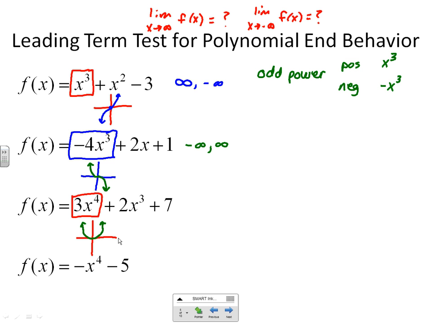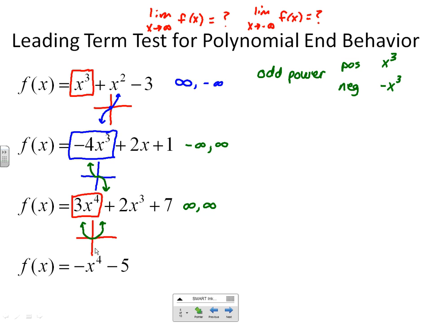Okay, so as my x goes towards positive infinity, on my y I'm going up towards infinity. And then as my graph approaches negative infinity, I'm going up towards positive infinity. So here my end behavior is the same. Either direction I go, I'm going up. If I start in the middle, I'm going up either direction, so that's positive infinity and positive infinity.